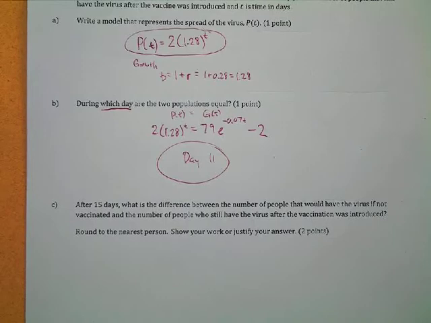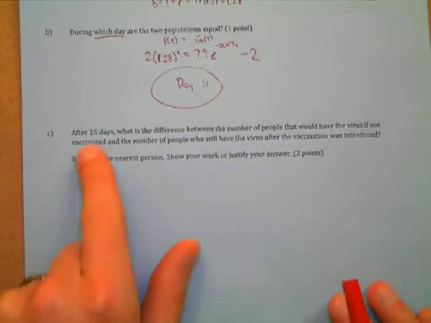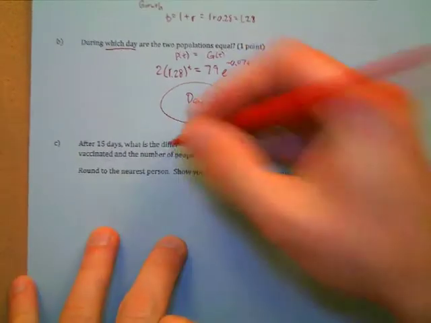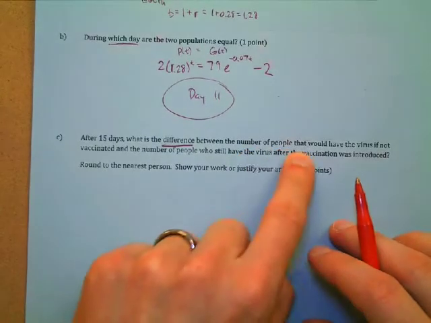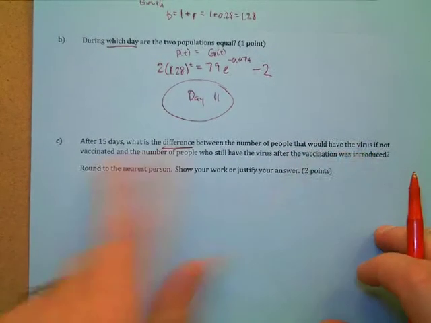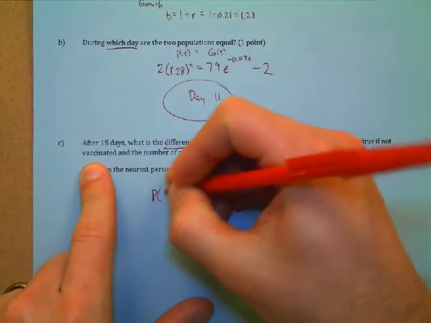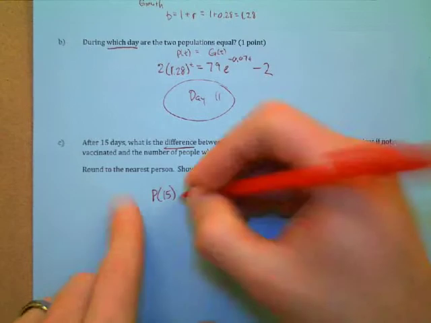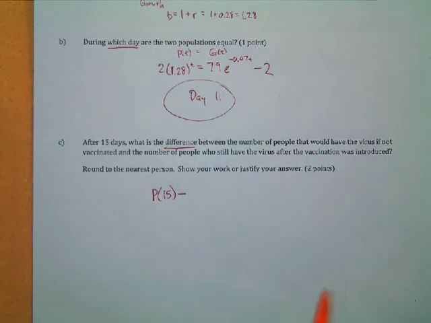Okay. All right. Last one here, letter D or letter C. After 15 days, what is the difference? Difference means what operation? Subtraction. After 15 days, what is the difference, or subtraction, we're going to do here, between the number of people that would have the virus if not vaccinated? So that's going to be our P of t. So we'll do P of 15 minus the number of people who still have the virus after the vaccination was introduced.